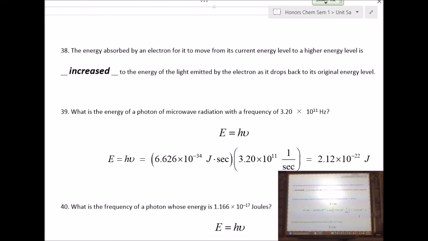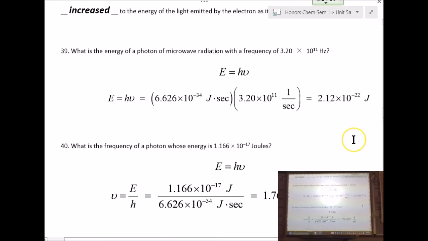39, math problem. 40, math problem. Everybody happy with the math?